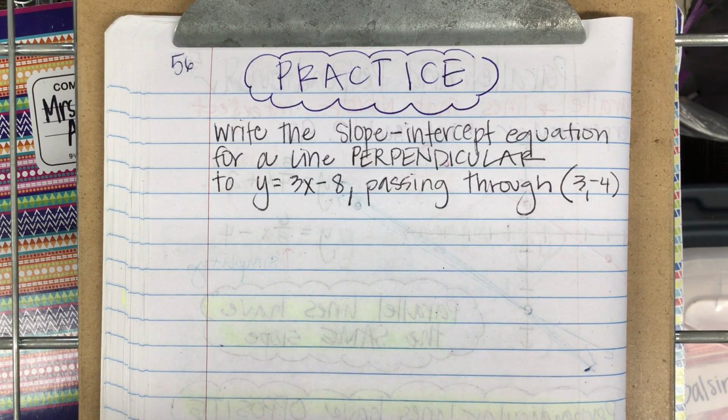So tonight, your homework will ask you a question like this. It will say, write the slope-intercept equation for a line that is perpendicular to y equals 3x minus 8, passing through the ordered pair 3, -4. So here's your hint.